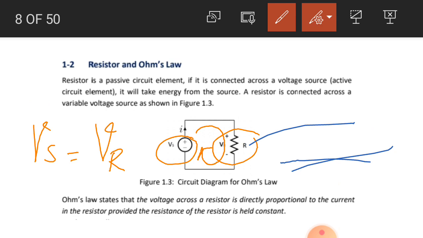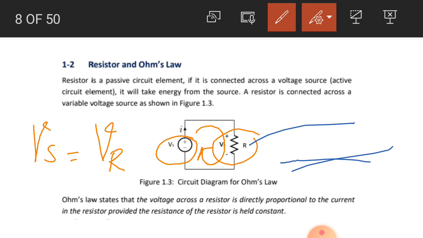There are two circuit elements in this simple series circuit. One is the passive circuit element, that is resistor, which takes the energy from the voltage source. And the other one is the voltage source, which delivers energy, which delivers power to the resistor.